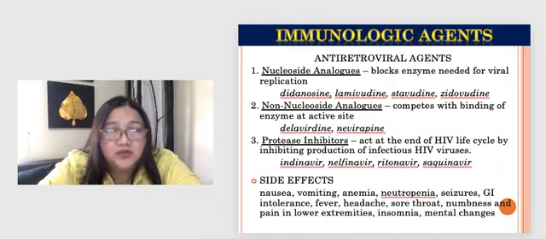Nucleoside analogs block enzyme needed for viral replication. Non-nucleoside analogs compete with the binding of the enzyme at the active site.